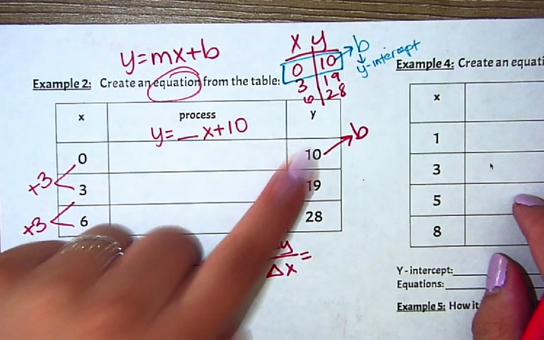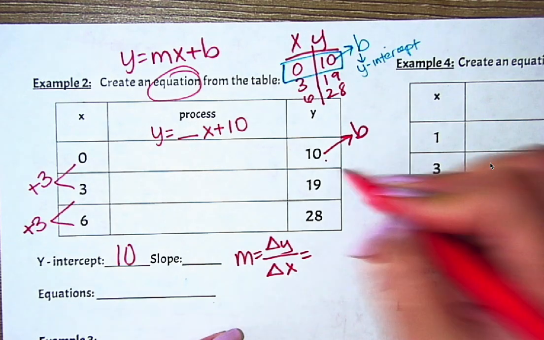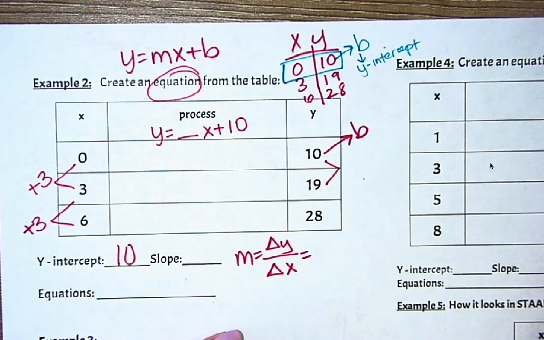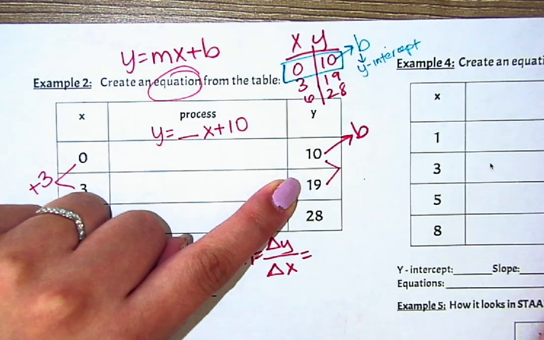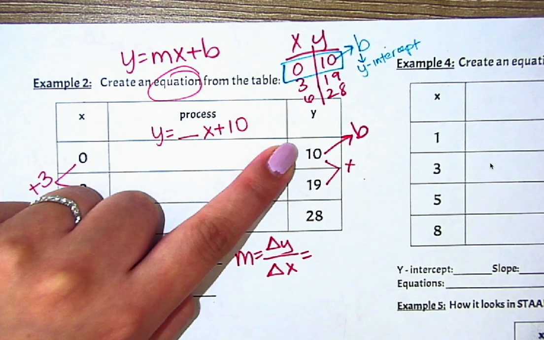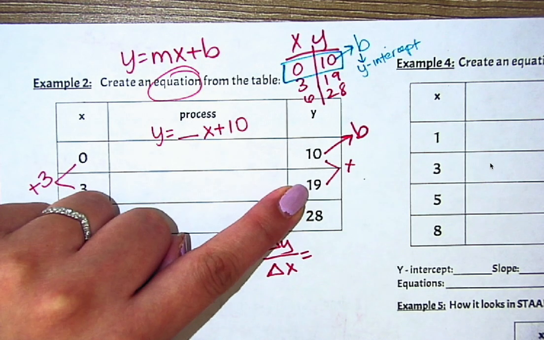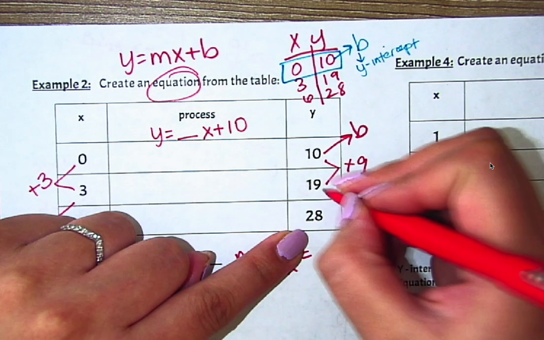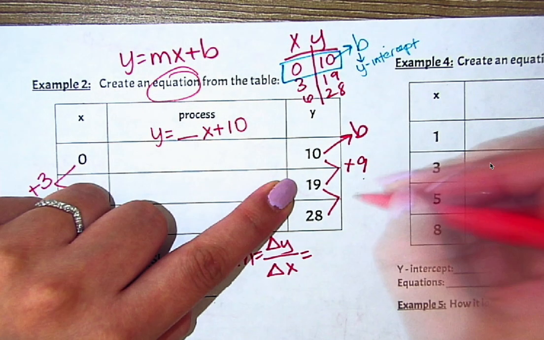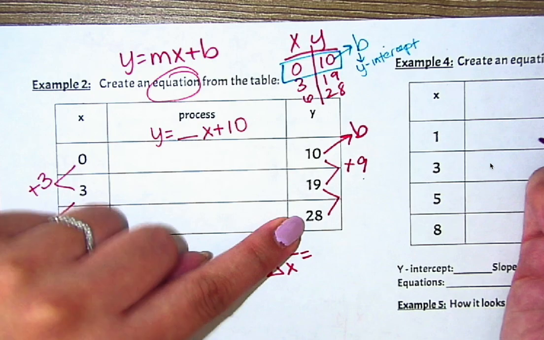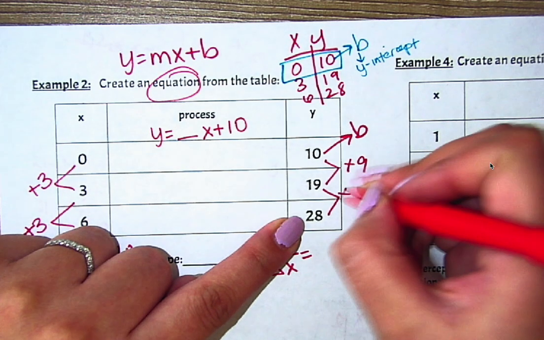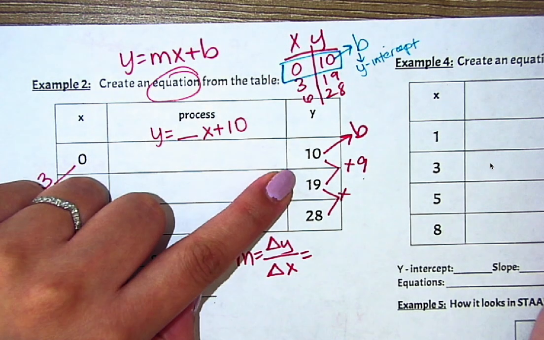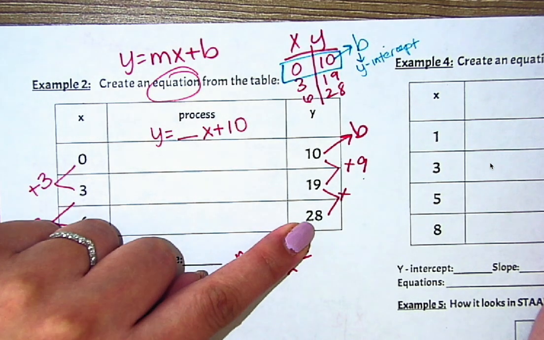Okay, let's do over here on this side. We're going from 10 to 19. My number is getting bigger, so I know I'm going to add. 10 plus something is going to give me 19. Well, 10 plus 9 is giving me 19. Let's go to the next one, 19 to 28. My number is getting bigger, so that means I'm adding. 19 plus something is going to give me 28.